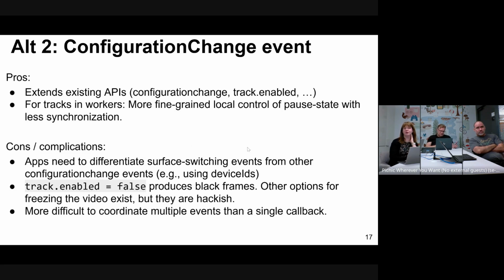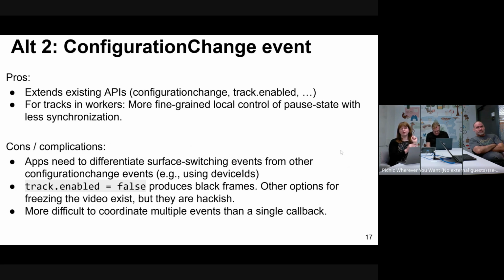The difficulties here are, we need to differentiate the surface switching event from other configuration events. I don't think there's an existing mechanism for this, so we could use the device IDs. That's one maybe proposal for this, but it needs to be decided. Another issue is that track enabled false is maybe not ideal for this purpose because it produces black frames, and we often would like to only freeze the video rather than black it out.